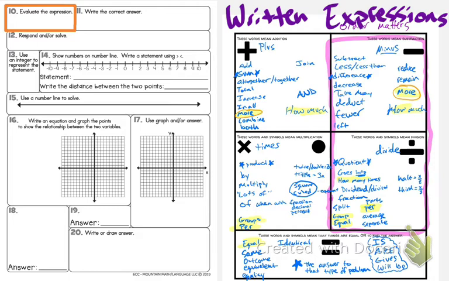I've also highlighted several words in all of our lists, and we highlighted those words to make sure that we remember that just because we see a word in one of the lists doesn't mean that it always automatically is going to be that operation. We have to think about the context of the sentence that we're reading. A great example of that is you see the word per is in the bottom of our multiplication list, but that word per also shows up in division.